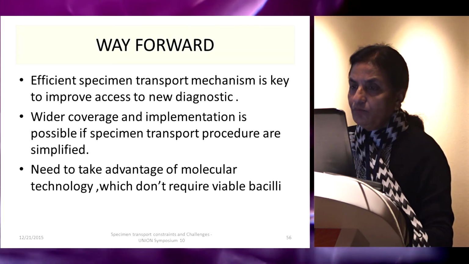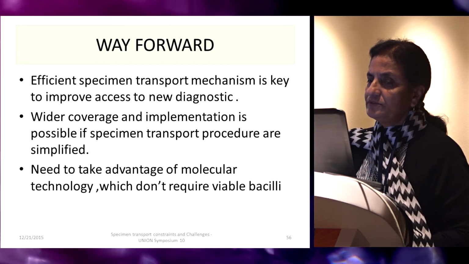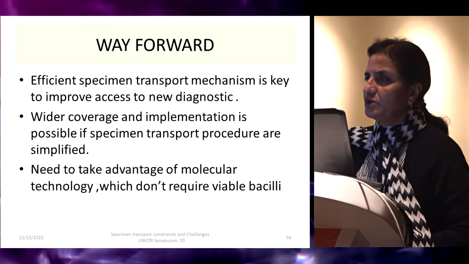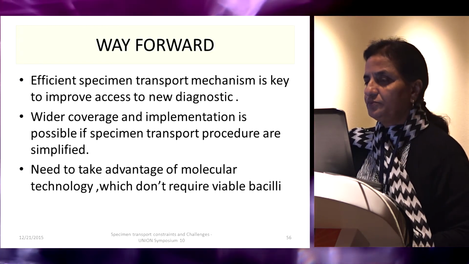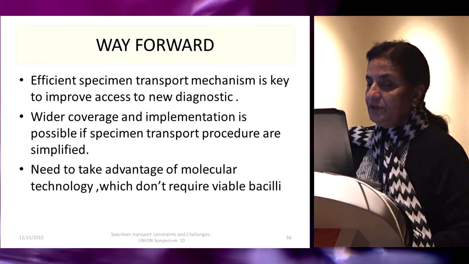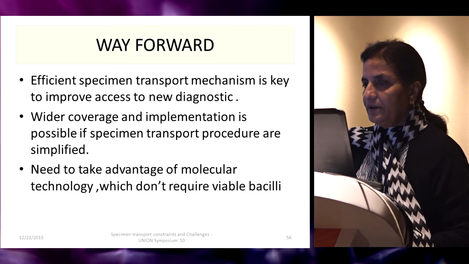So what we see as a way forward is what can facilitate the process of specimen transportation. We need specimen transportation; without this, we cannot provide access to diagnosis to all populations. And we need to take advantage of molecular technology which doesn't require viable bacilli.